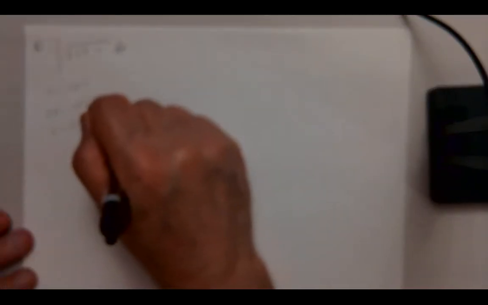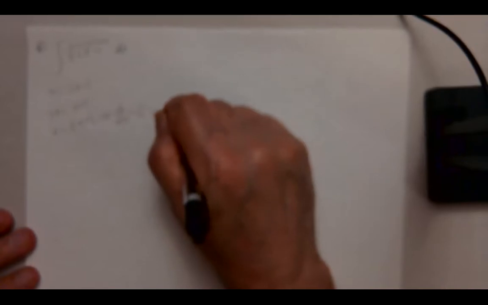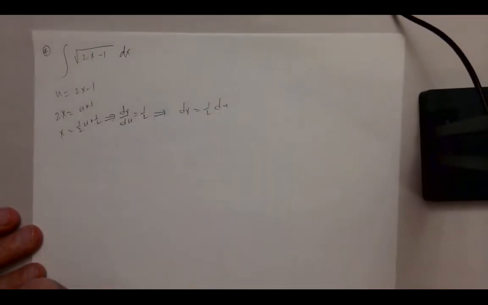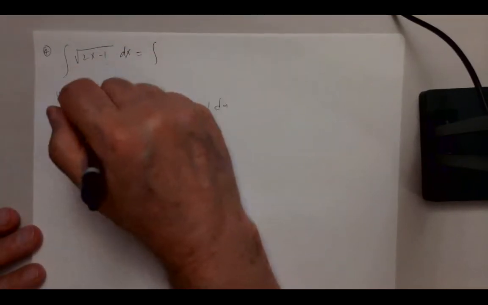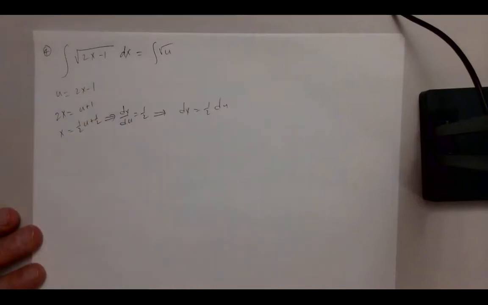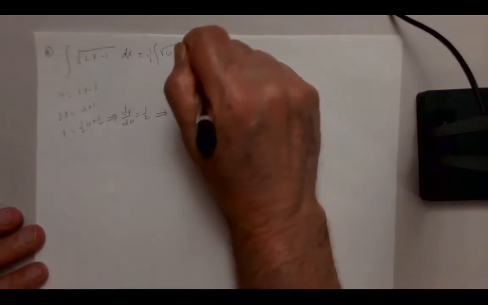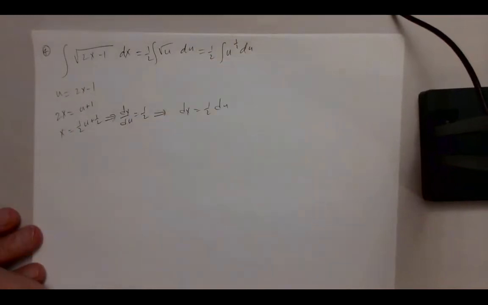And dx du is a half, so we can say that dx is a half du. And now when we substitute, we get the integral of the square root of u, and dx is 1/2 du. So this is 1/2 the integral of u to the 1/2 du.